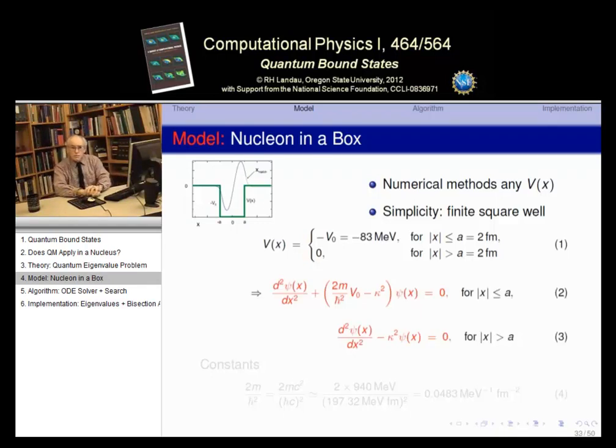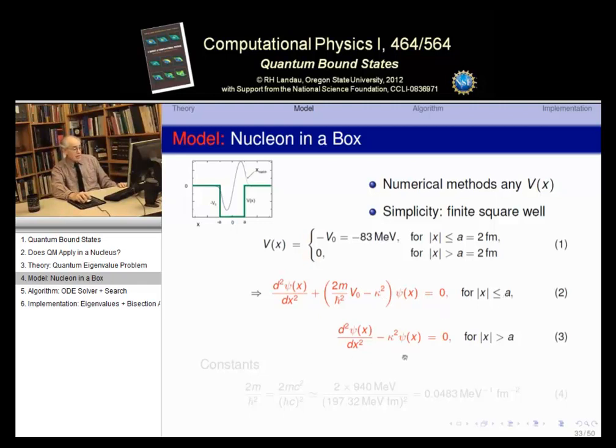So we have 2 differential equations to solve. Within the region of the potential, we have equation 2 to solve, and that has the second derivative, a potential term, and 0 on the right-hand side because we just moved over the kappa squared. That's inside the well.